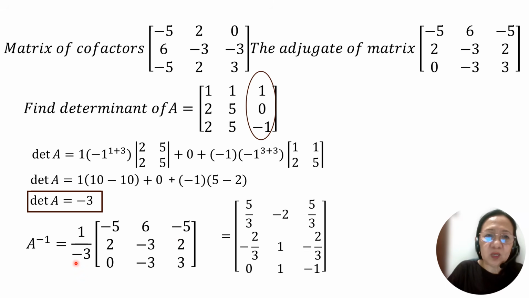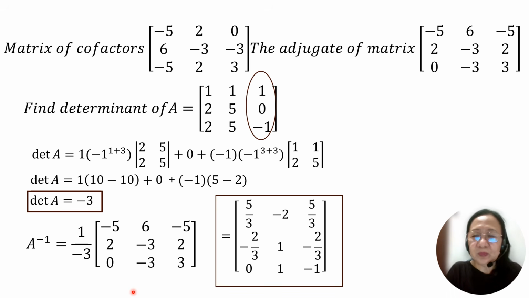Negative 5 times negative 1/3 is a positive 5/3 because they are both negative. Then 2 times negative 1/3 is negative 2/3. Negative 3 times negative 1/3 is the same as positive 3 over 3, or 1. Then 2 times negative 1/3 is negative 2/3. Then 0 times negative 1/3 is 0. Negative 3 times negative 1/3 is the same as 3 over 3, or 1. And lastly, 3 times negative 1/3 is negative 3 over 3, or negative 1. So this is our inverse.